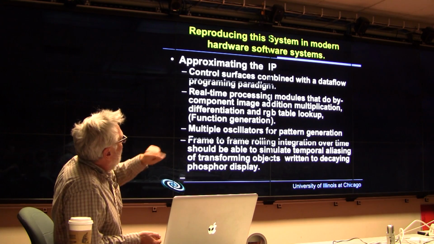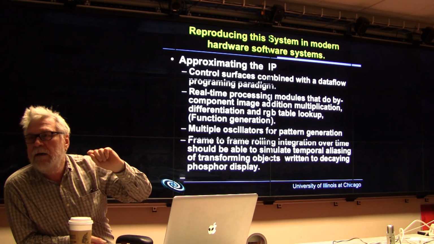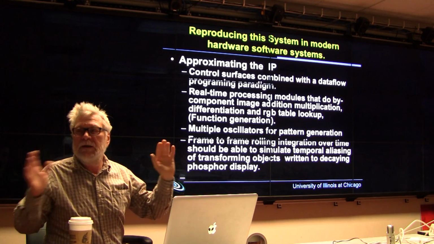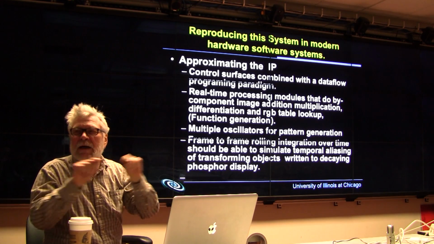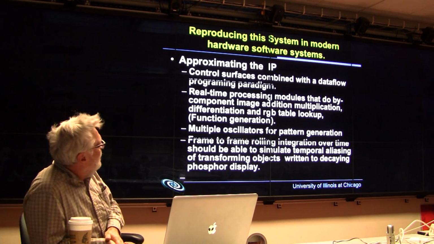The multiple oscillators for pattern generation were an important feature of the IP. They're a fairly minor component of this piece, but I actually had to add that line because I noticed in the opening scene there was this fine little Venetian blind looking pattern, which was a pattern being produced by the IP.